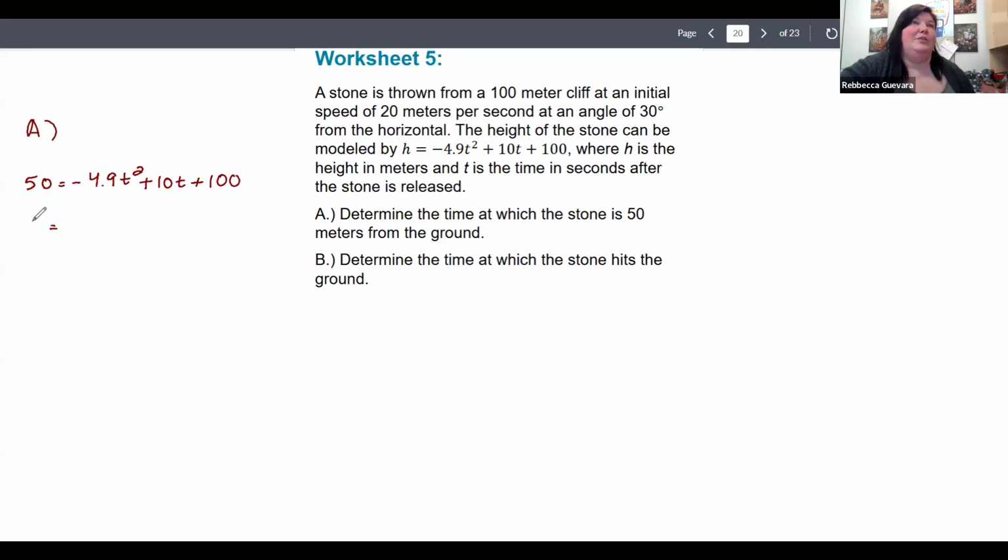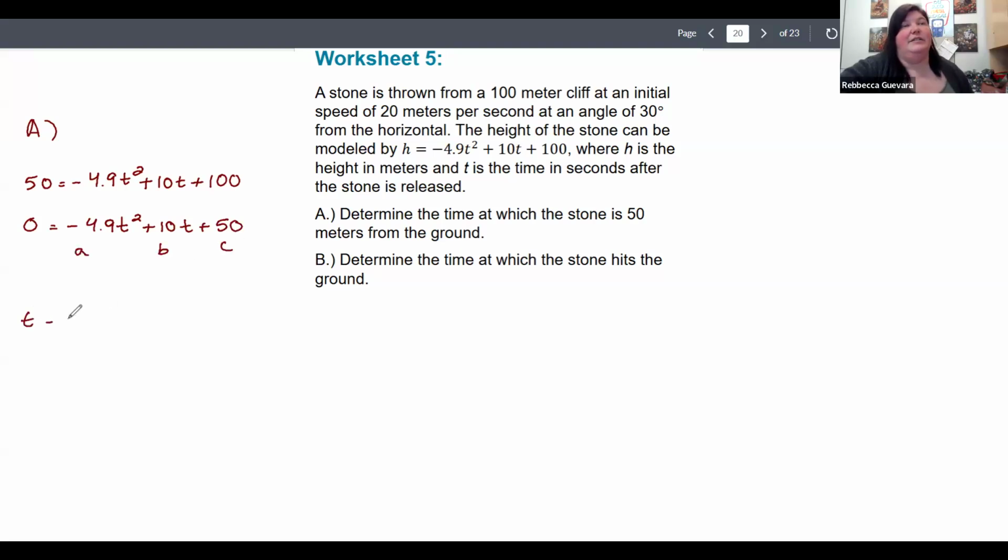So I can rewrite that by subtracting 50 from both sides: 0 equals negative 4.9 t squared plus 10t plus 50. So a, b, c.